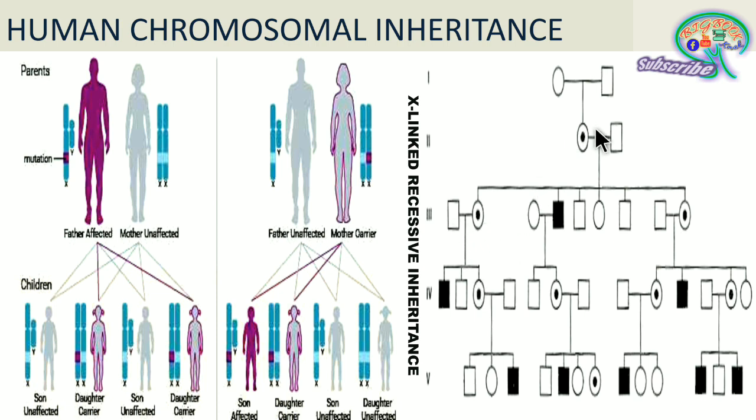If you consider from here to here, there is the inheritance of the defective gene, but sometimes, due to probability, there can be a chance of expression of the recessive gene in every generation also.